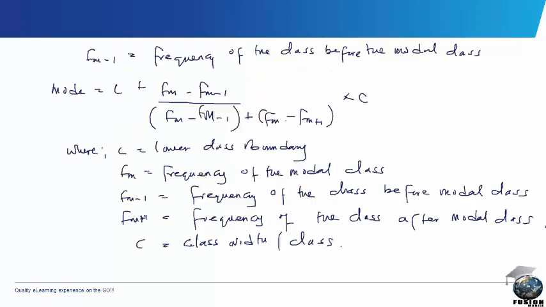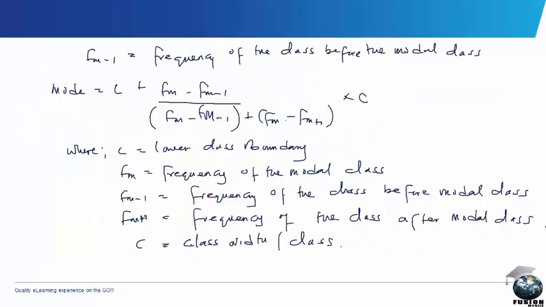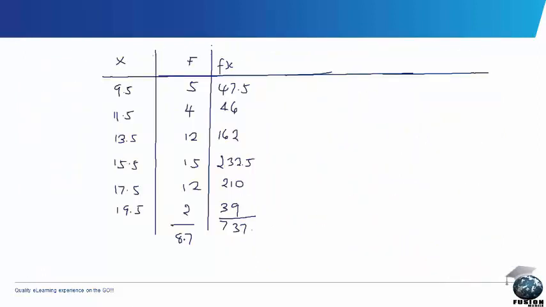Is that what we had previously? No, we had the total number of frequencies to be equal to 50. Let's add again. 5 plus 4 is 9, plus 12 is 21, and then plus 15, plus 12 again, we have 48, then plus 2.